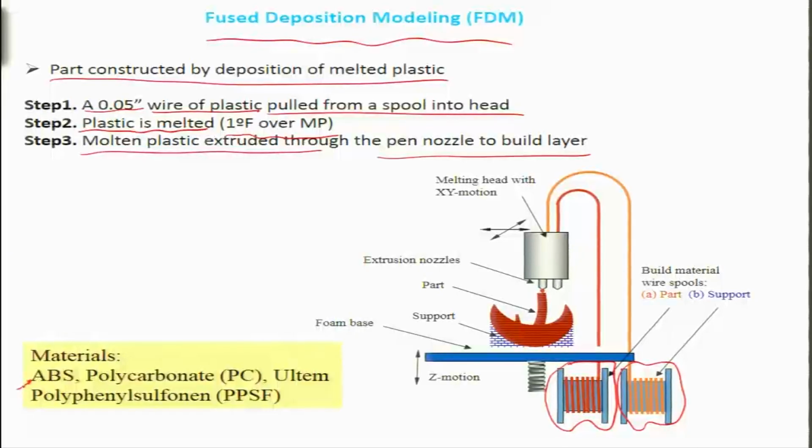There are different materials used for FDM processes, for example acrylonitrile butadiene styrene, polycarbonate, Ultem, which is an aerospace grade polymer chemically known as polyetherimide, and polyphenylsulfone, PPSF. These are some of the materials which can be printed through the fused deposition modeling process.